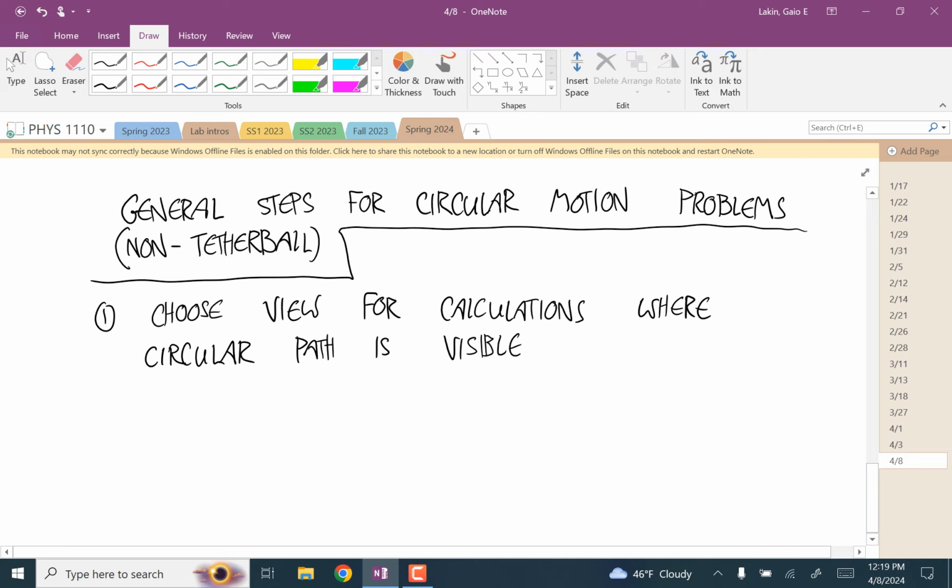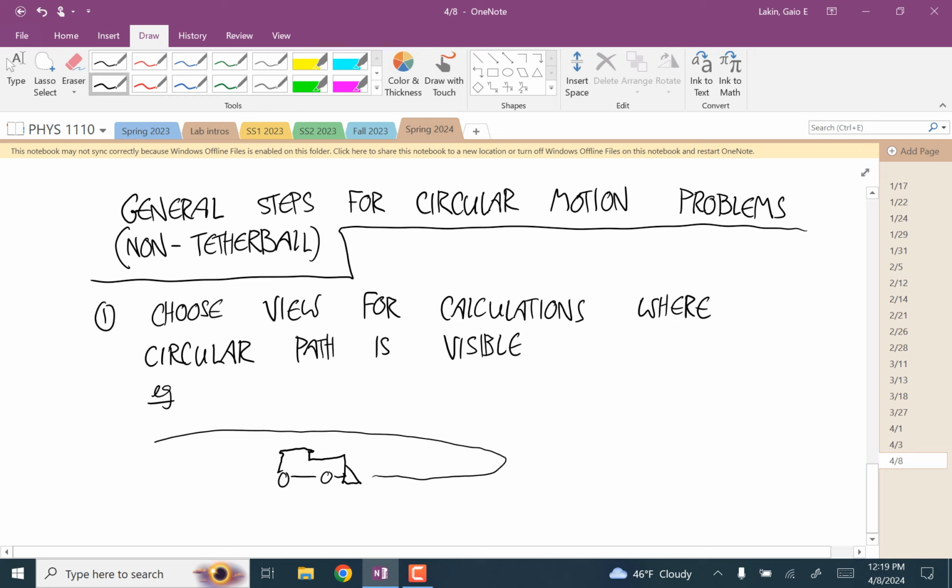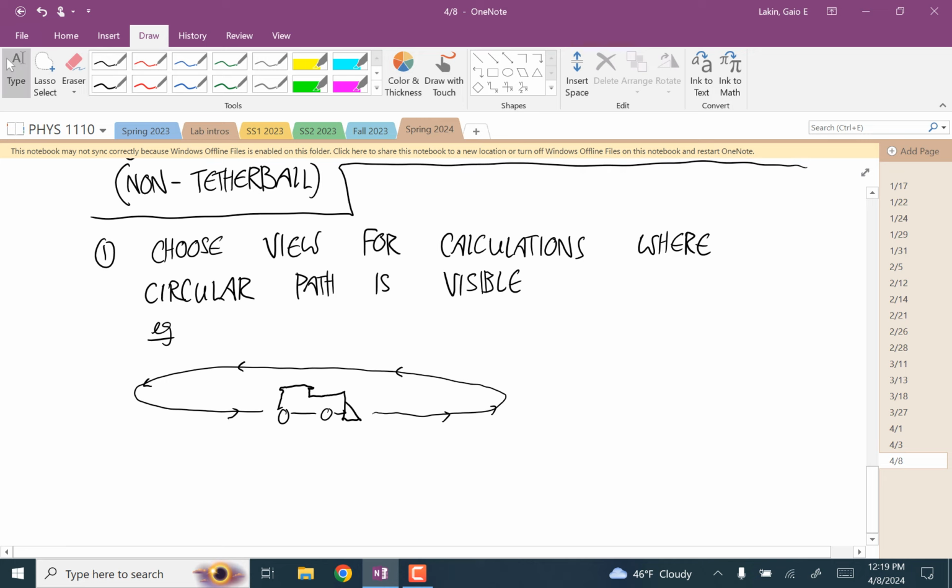For example, if you have this toy train traveling along a track on the floor, you don't want to take a view from the side like this. You want to think of it from above or below. Let's say this is a view from above.